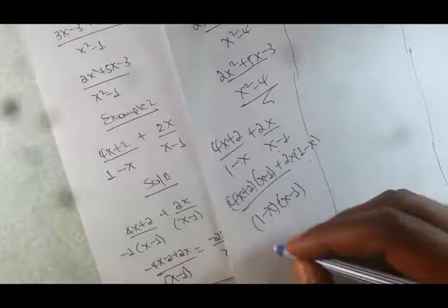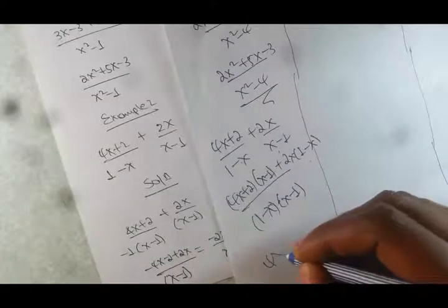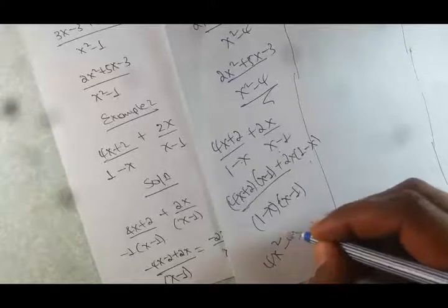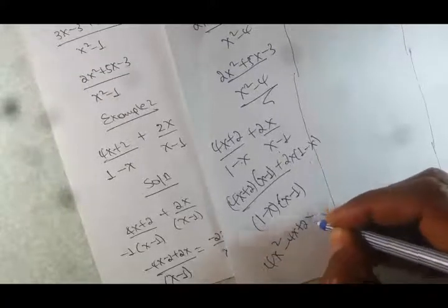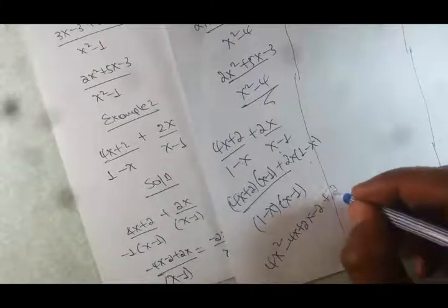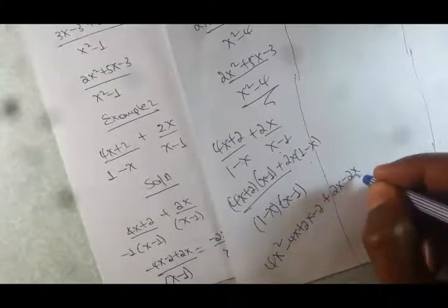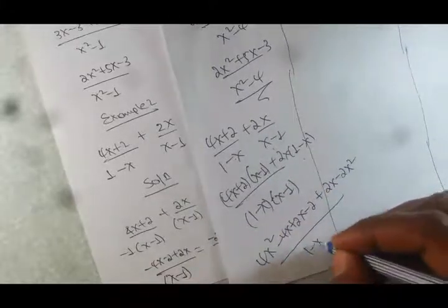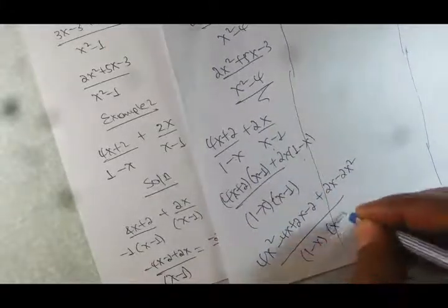Therefore we have to multiply: 4x square minus 4x plus 2x minus 2 plus 2x minus 2x square over 1 minus x times x minus 1.